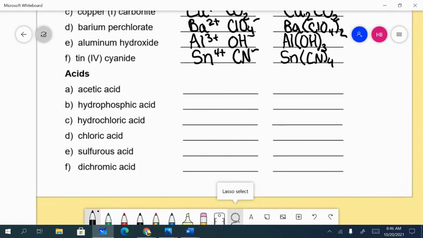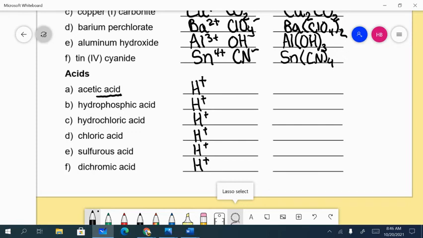Acids can be a little bit easier because every single time for each of my acids, my cation is H+. So my anion is going to tell me how many hydrogens I need. So this one says acetic acid.